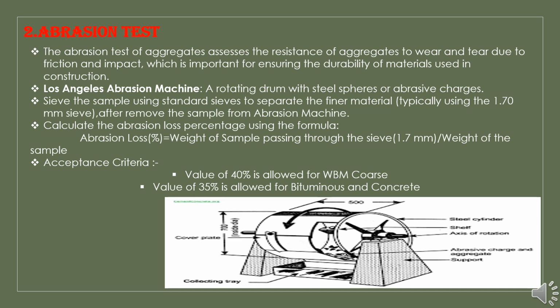For water-bound macadam courses, abrasion loss value is acceptable up to 40%, and for bituminous and concrete roads this value is acceptable up to 35%. A photograph of this test is present below.